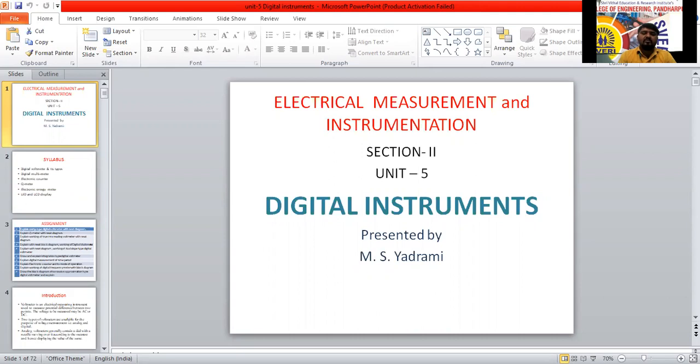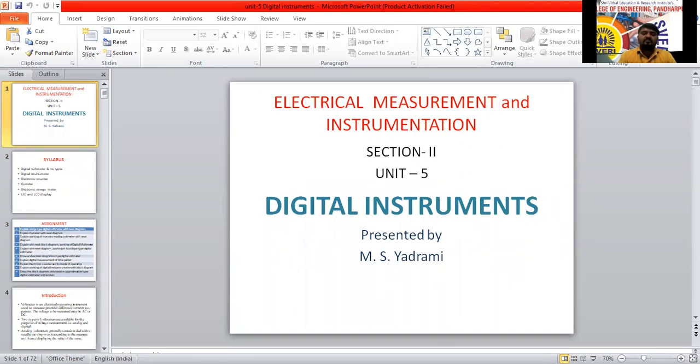With neat diagram or block diagram, explain the working of digital multimeter here. Digital voltmeter is different, digital multimeter is different. Fourth question is: explain with neat block diagram working of digital multimeter. After closing this, anybody I will randomly ask. Whether you are noting or not, I will check that.